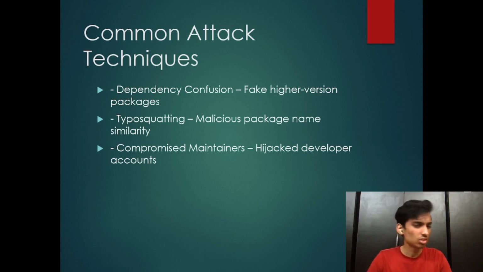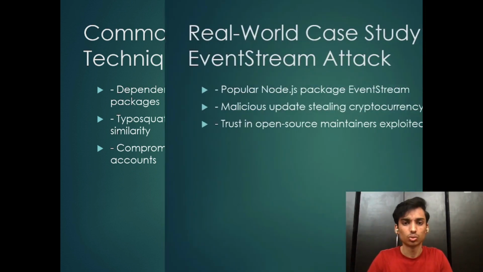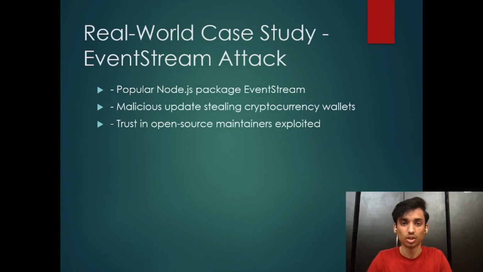So let's try to understand open source supply chain attacks using two case studies which I found quite interesting. The first case study we'll explore is the event-stream attack. It's one of the most widely known supply chain attacks. The event-stream package was a popular open source package in the Node.js ecosystem, with millions of downloads.